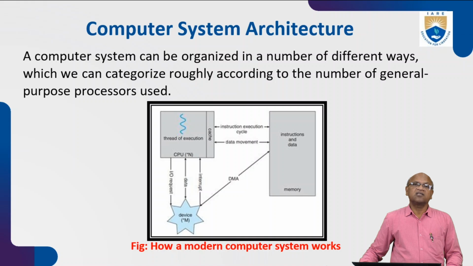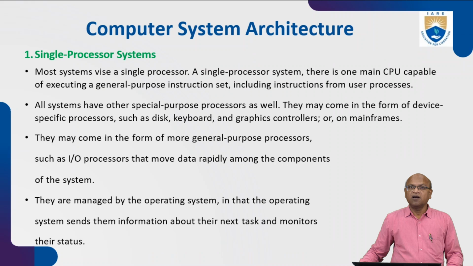For executing instructions we have the CPU, that is 8086, and 8087 for math. Instruction execution cycle, data movement cycle: if you look at this diagram, instruction execution is there, and data movement from CPU to memory and data memory.